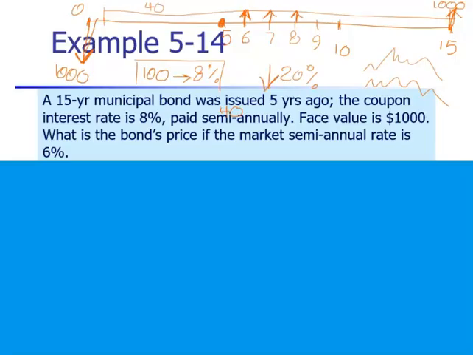Why? Because at the time we bought it, the market interest rate was 8%. But now the market interest rate is 20%. So nobody is willing to pay you $100 to get 8% interest. They go for 20%. So what happens? The price of 100 comes down. So it also equals an interest rate of 20%.